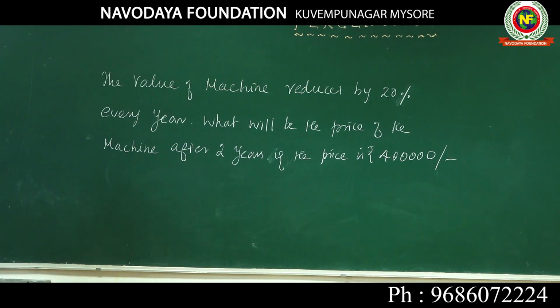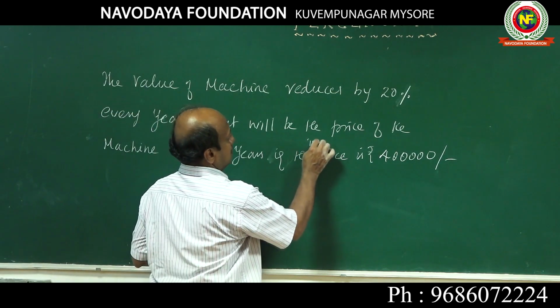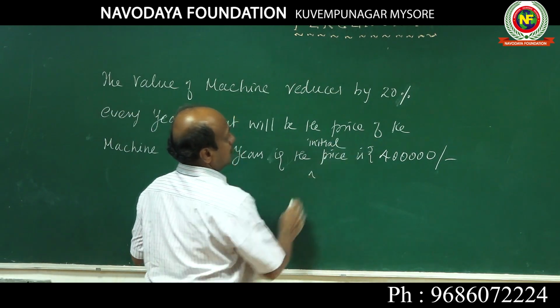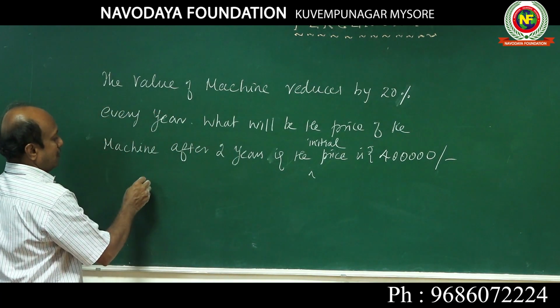What will be the price of the machine after 2 years? If the initial price is, for example, 4 lakhs, and the value of the machine reduces by 20% every year, what will be the price of the machine after 2 years? How will you go for it now?